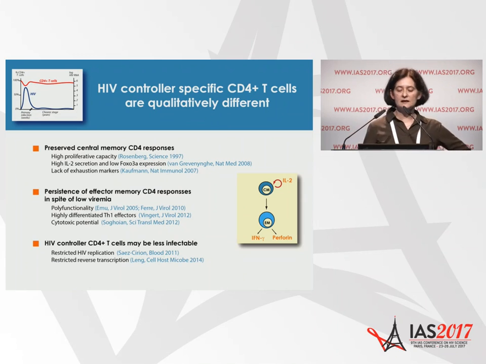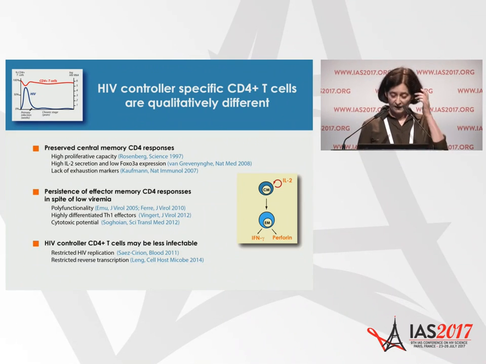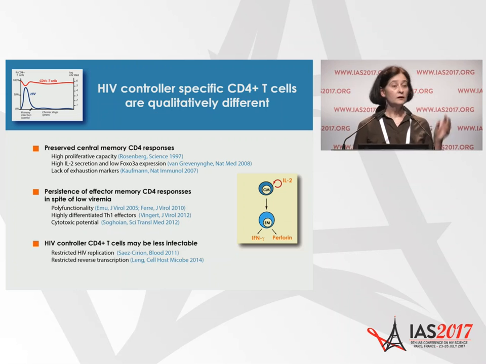So this translates into polyfunctionality, the presence of highly differentiated Th1 effectors that can degranulate, and it has been shown by the group of Hendrik Streeck that the presence of CD4 T-cells with cytotoxic potential in the primary infection phase correlates with a lower viral load in the chronic phase of infection.